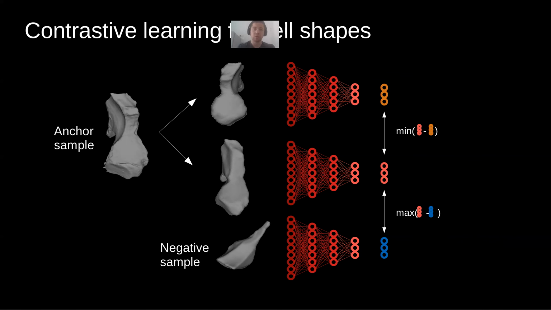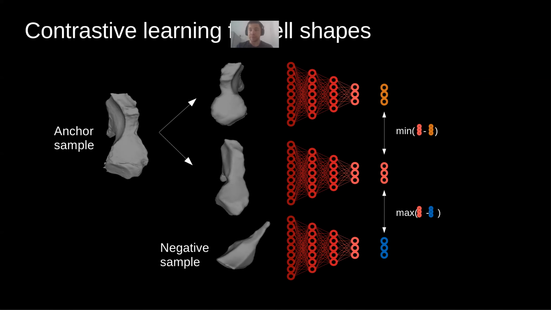So what we did then, we processed both of these 2 augmented samples with a neural network and computed feature vectors of them, and sampled a random cell of the animal as a negative sample, so to say, extracted the shape, processed the shape with the same neural network, and computed the feature vector. So we got 3 feature vectors.